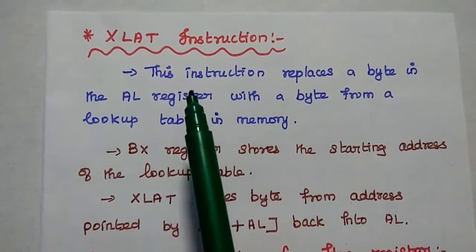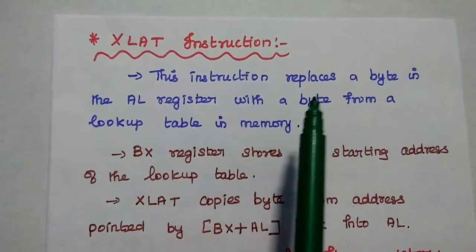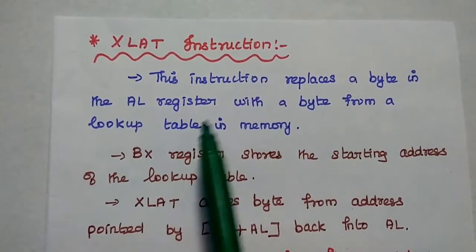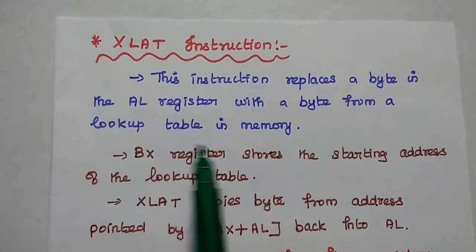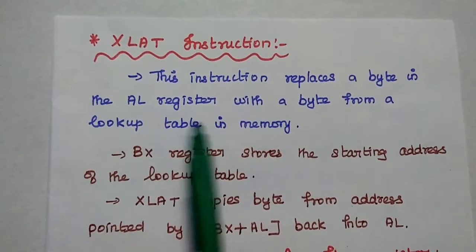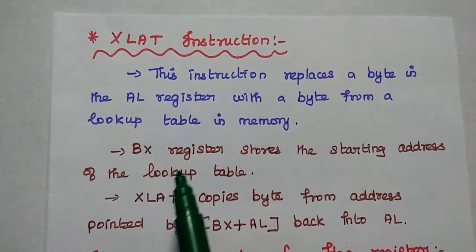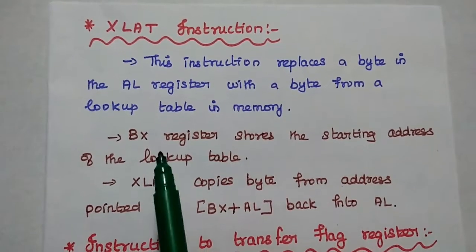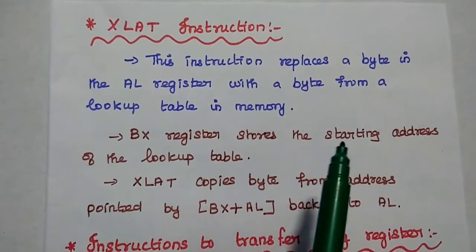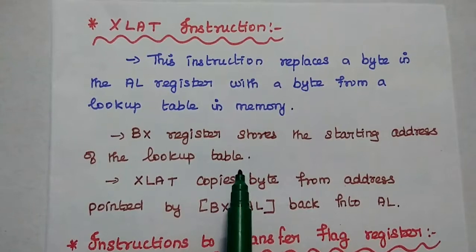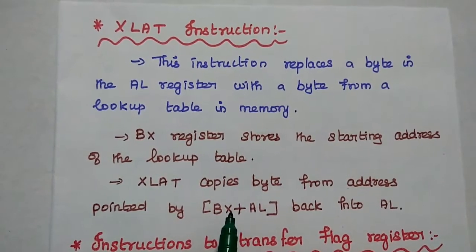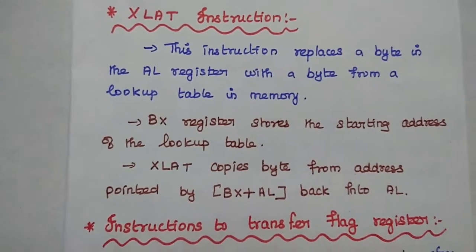The XLAT instruction is mainly used to replace a byte in the AL register with a byte from a lookup table in memory. So it is mainly used for the lookup table concept. Here the BX register stores the starting address of the lookup table, and from there we get the value for the AL register.